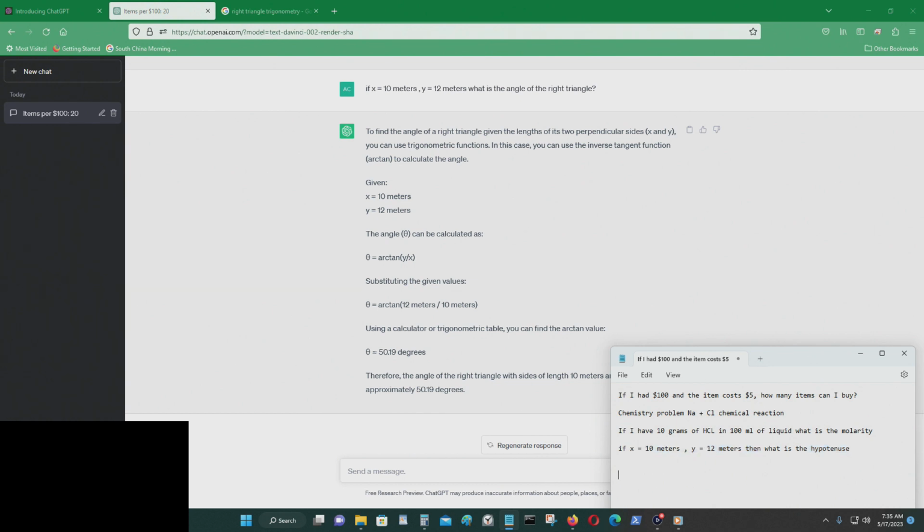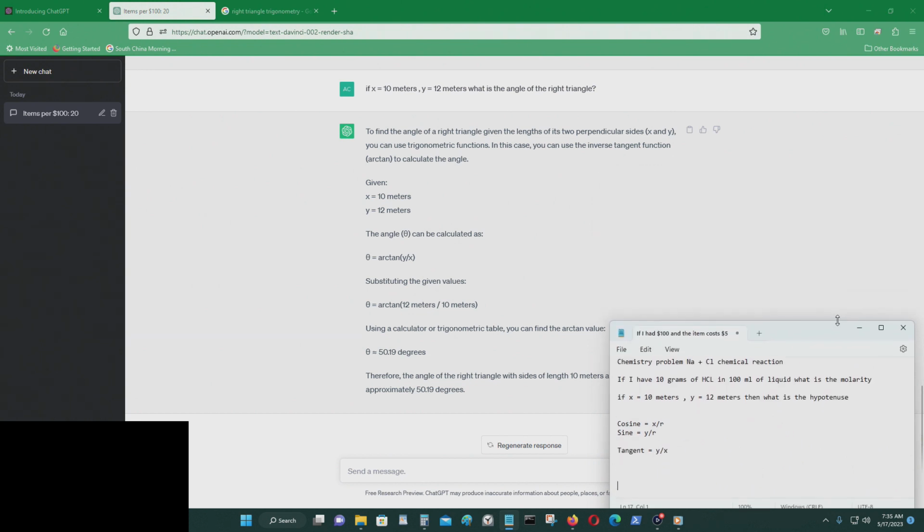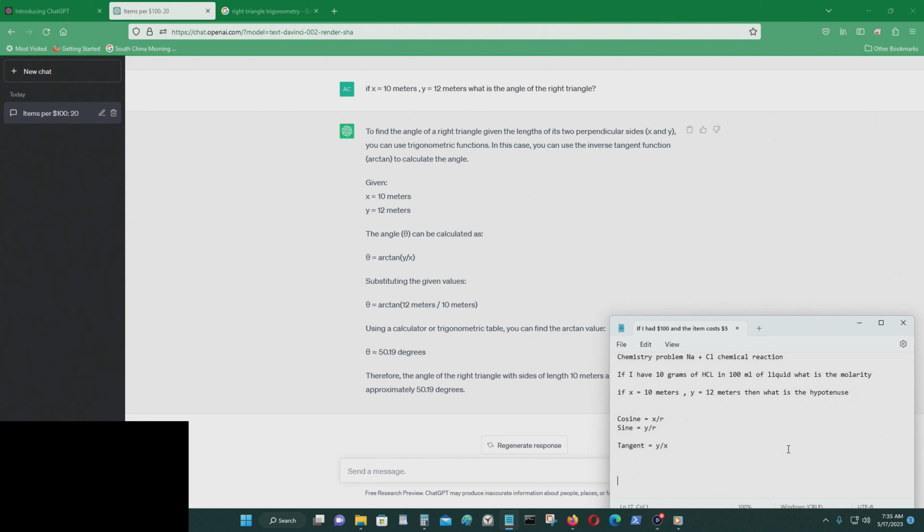All I know is in a right triangle, the tangent of theta is equal to y divided by x.